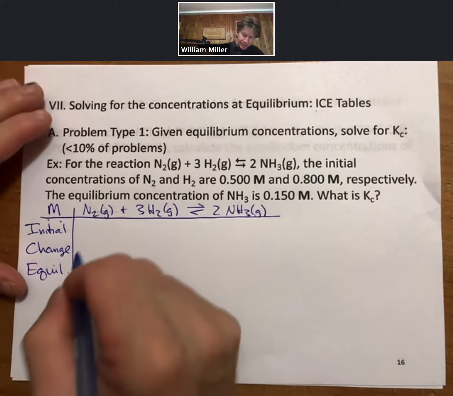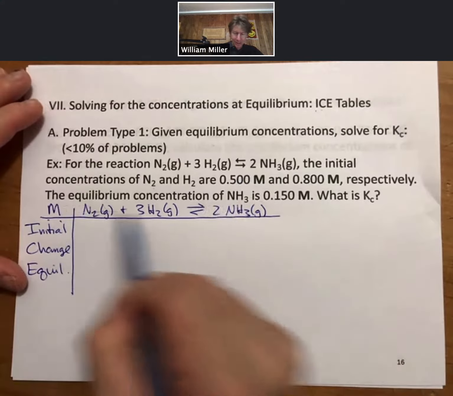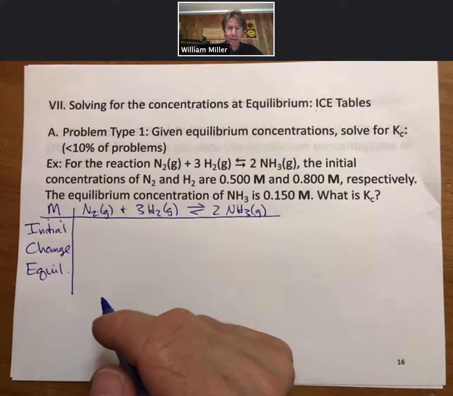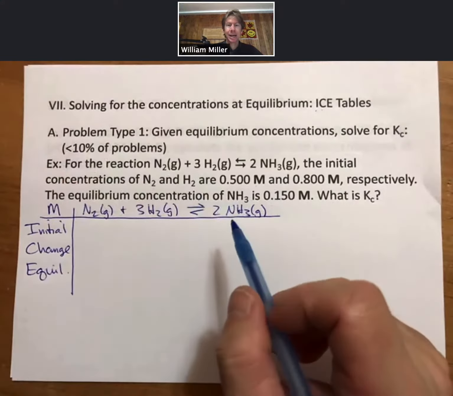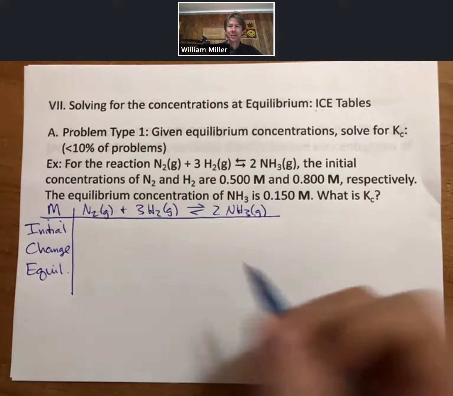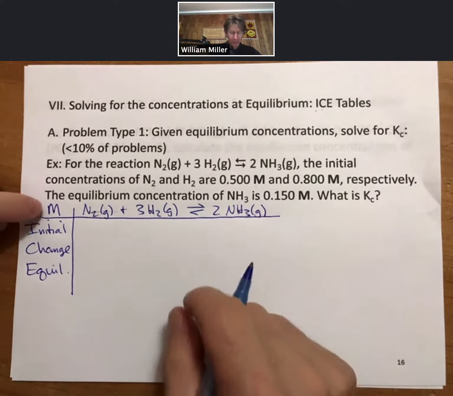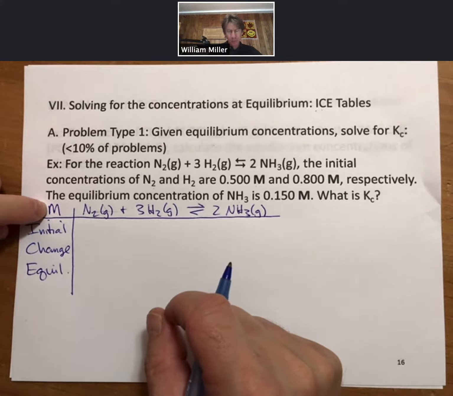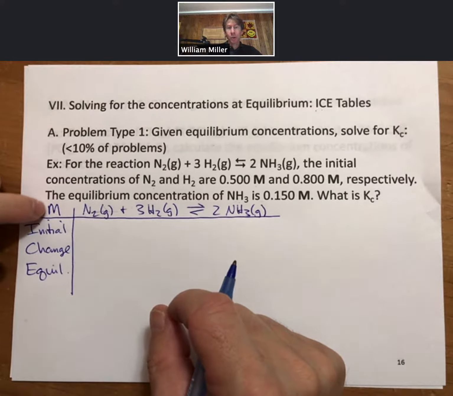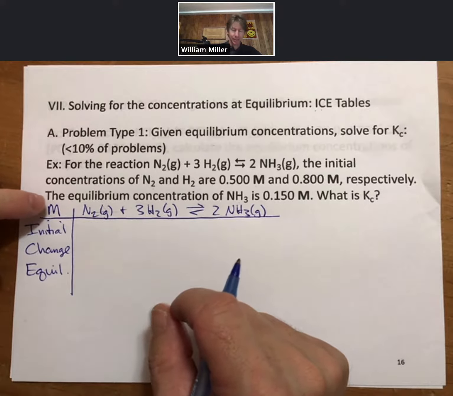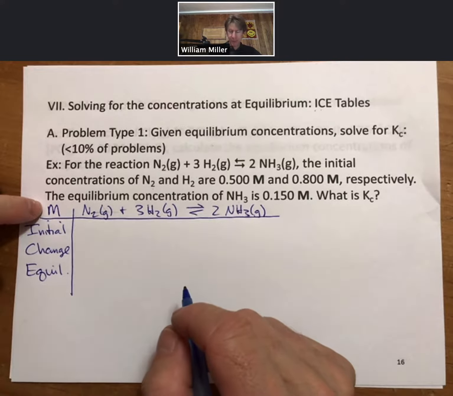So that's the basic setup. For all ICE table problems, the 10% and the 90%, so I guess 100%, they'll all start like this. And every once in a while, you may see an ICE table problem with moles as the table, but most of ours will be molarity.